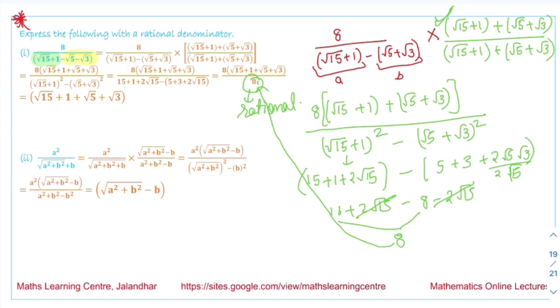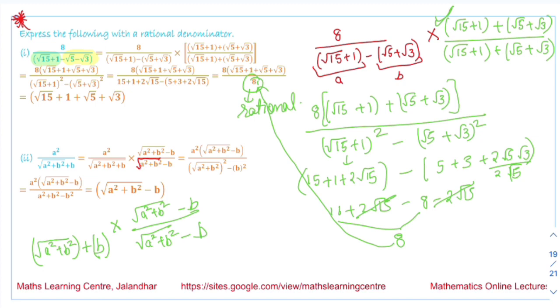Similarly, in this second question, in the denominator we have square root of a square plus b square minus b. So we consider this as two parts. We multiply it with square root of a square plus b square plus b, and divide it with the same. The square root sign is over here.